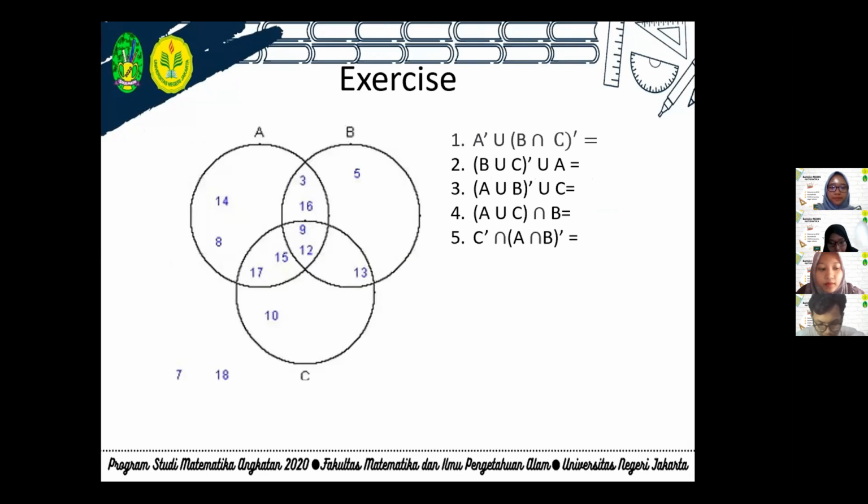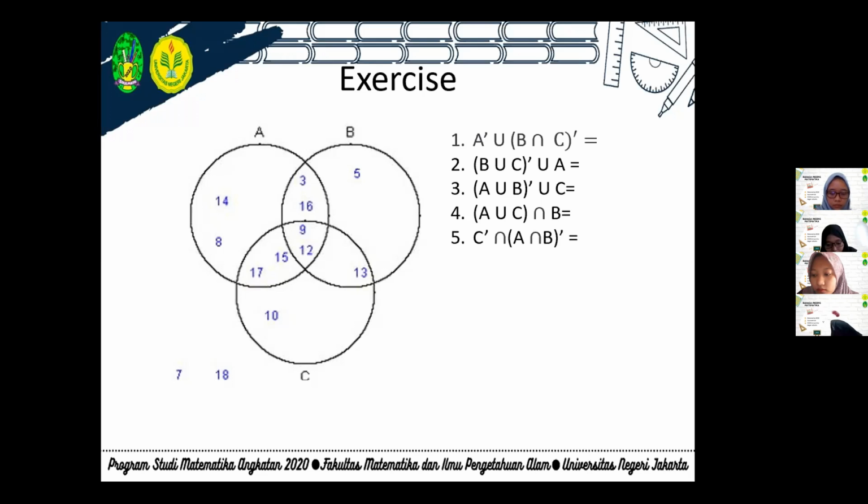Next. So we have an exercise. Maybe someone would like to try to answer. Yes, okay, I want to answer number 4. For A union C, we have all of the elements in A and C. So the answer for A union C is 14, 8, 17, 15, 9, 12, 13, and 10.